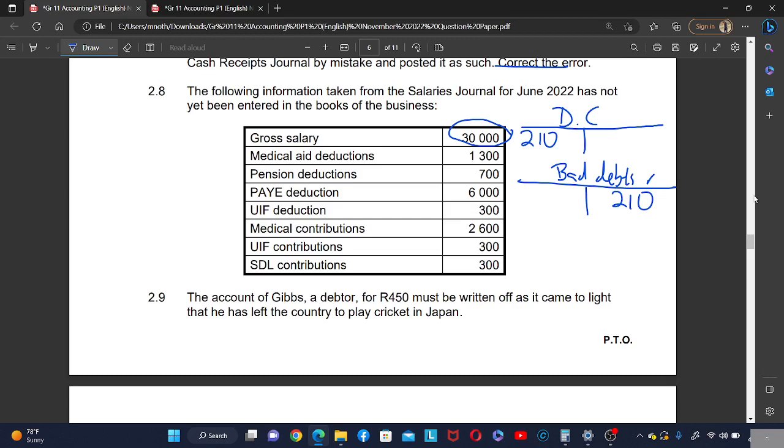Now, how do you get the gross salary? To get the gross salary, you say net salary plus deductions. So these deductions are included in this gross salary of 30,000.